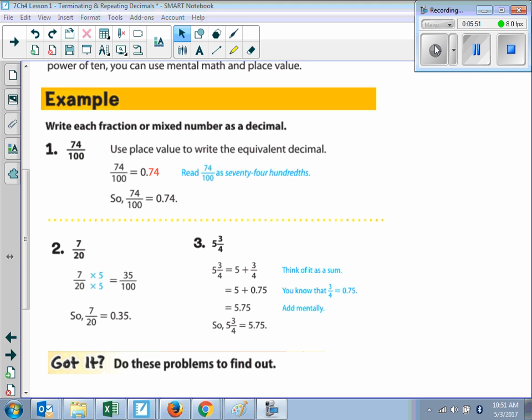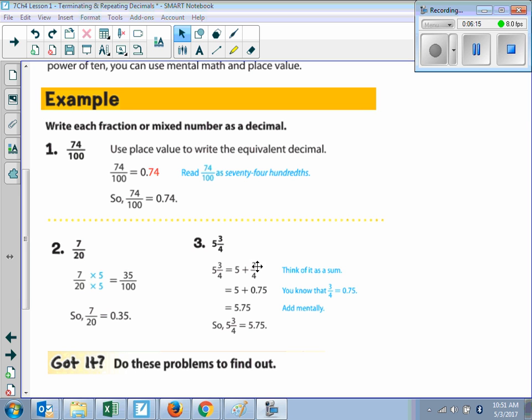Now for the mixed number. When you have a mixed number, you have a whole number part and you have a fractional part. That fractional part you can change to a decimal. Okay, so we're going to separate them. We're going to separate out the whole number part, and we're going to add the decimal or the fractional part to it. Okay, so here we have 5 and 3/4.